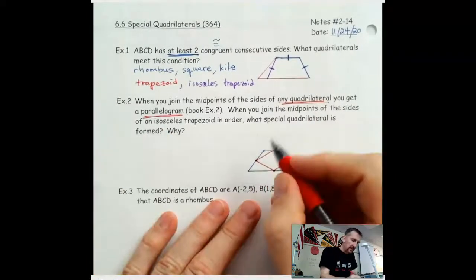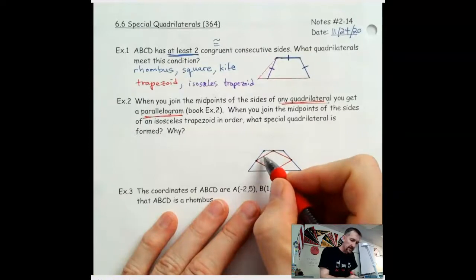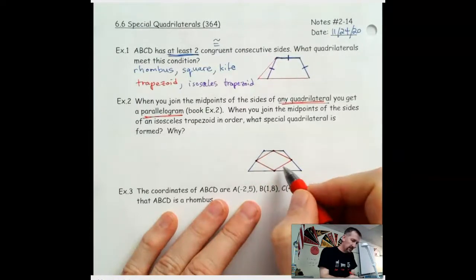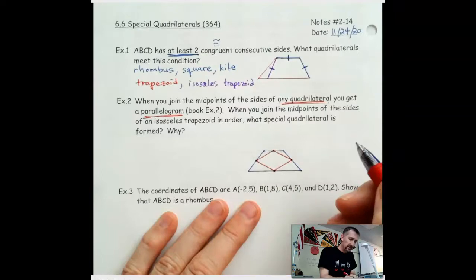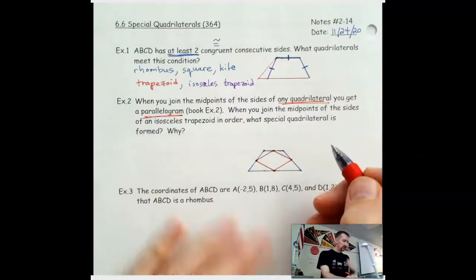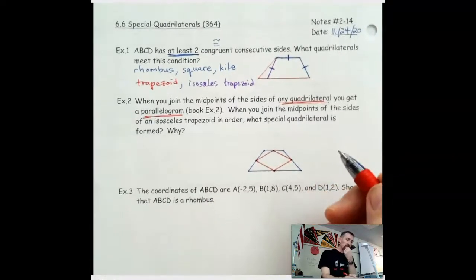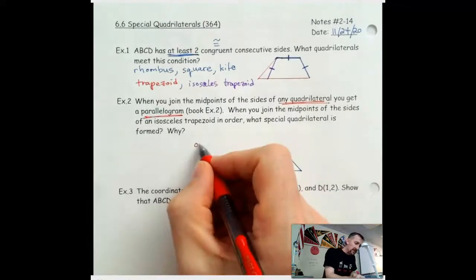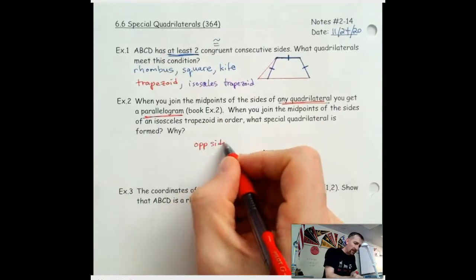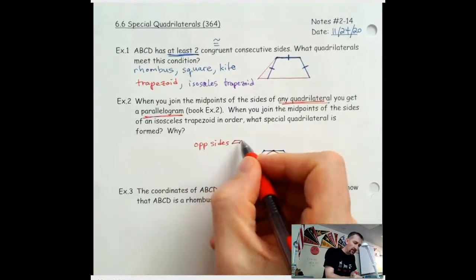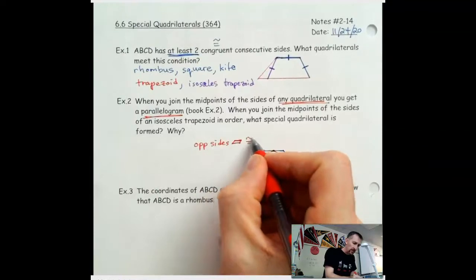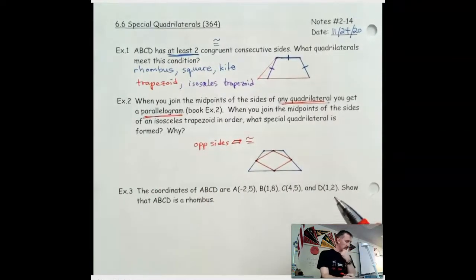That means this is a parallelogram already. So that means these two sides are congruent and these two sides are congruent. So we know that. Now, opposite sides of the parallelogram are congruent. Okay. Now what?